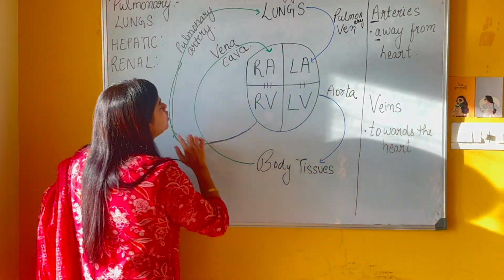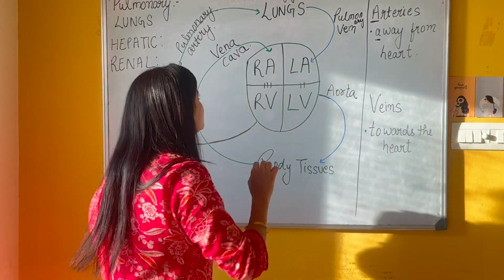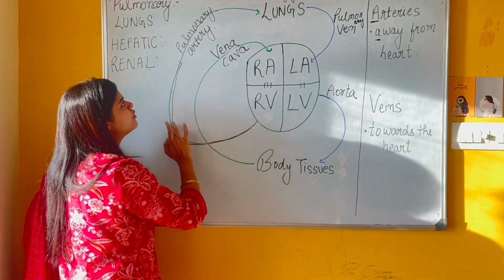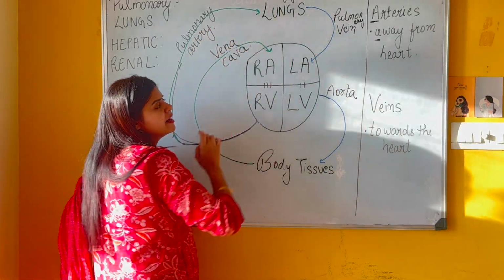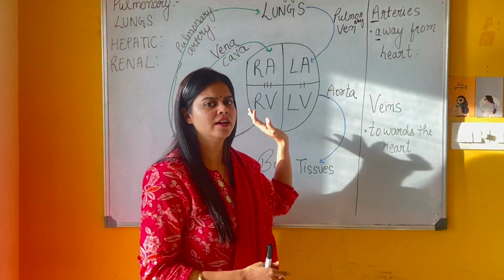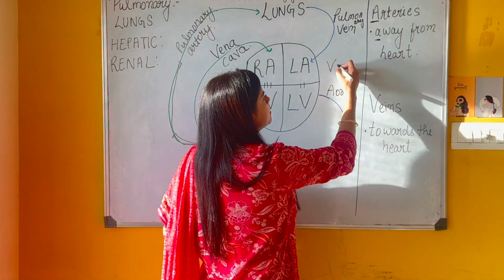Artery. Going towards the lungs. Which word is associated with lungs? Pulmonary. So the pulmonary artery carries deoxygenated blood away from the heart towards the lungs for the process of oxygenation, and this process will continue. Now there are valves present in the heart.